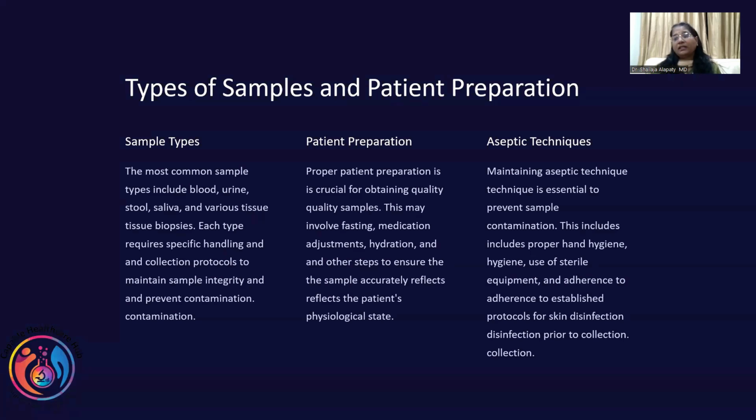Then aseptic techniques, especially blood culture. I have seen numerous amount of times. I mean, we have our skin microorganisms, then we use a toilet, we are in the hospital, we touch that, we touch this. And of course, on the patient's body, it will all be there. And if we do not use aseptic techniques, the blood culture grows something which is not in the patient's body.